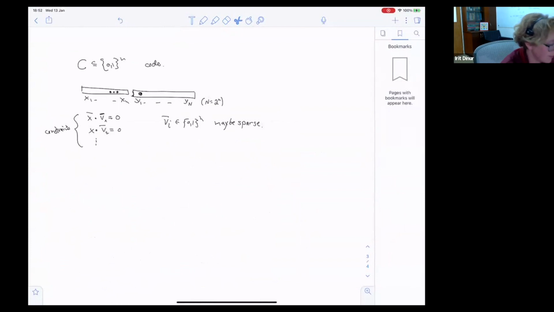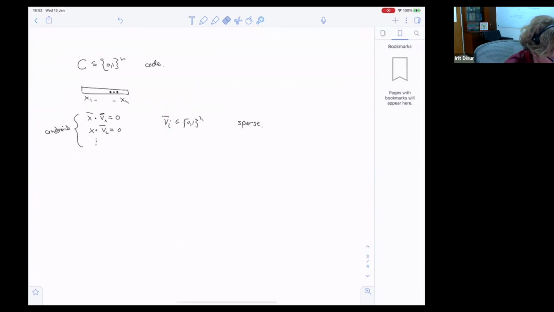So I'm thinking of a code C. It's a linear subspace of {0,1}^n. And I'm thinking of these vectors Vi. Each vector is a sparse parity check vector.